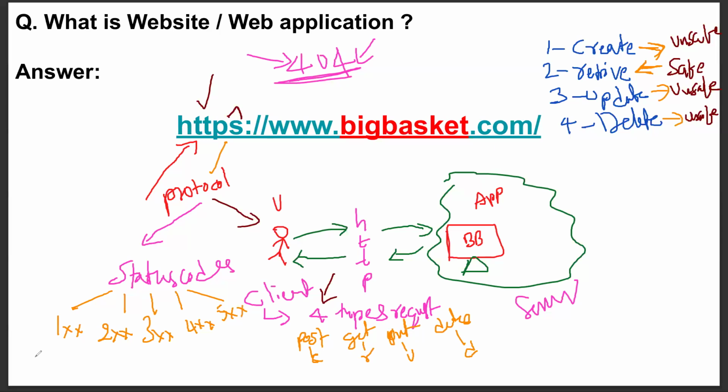This xx stands for 100 to 199, 2xx means 200 to 299, 3xx means 300 to 399. Similarly, 400 to 499, 500 to 599. Now tell me, guys, 404 belongs to the 4xx errors. Agree?